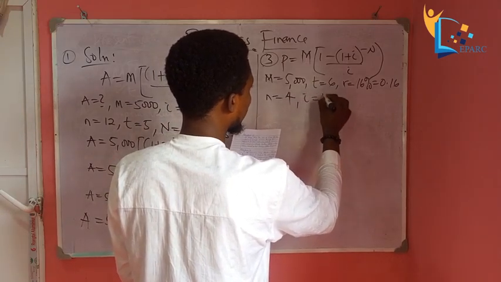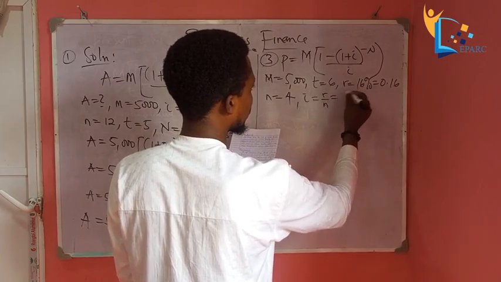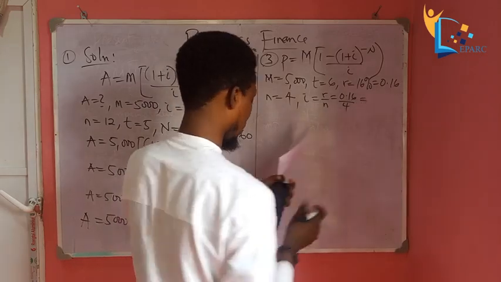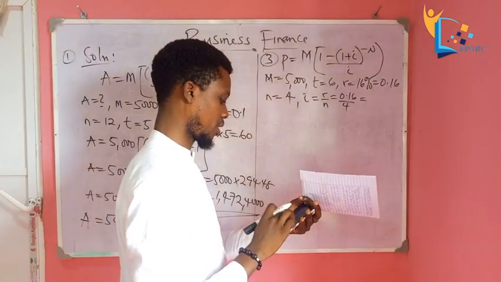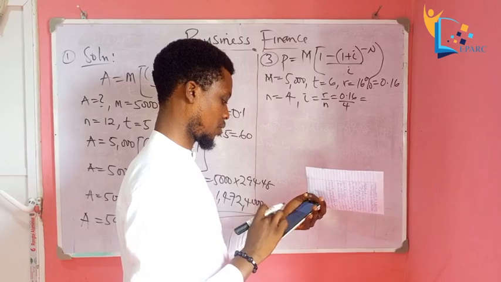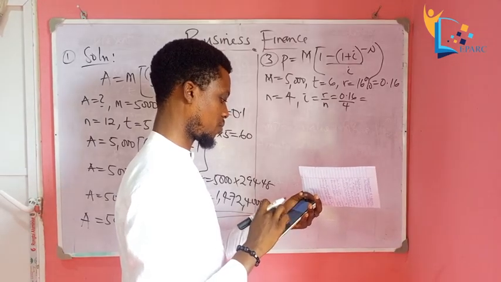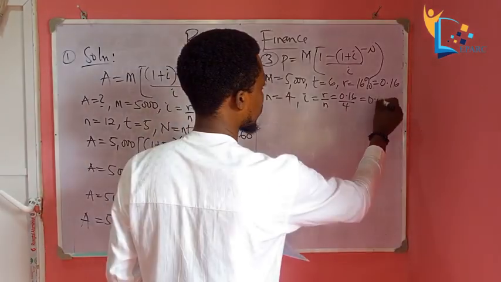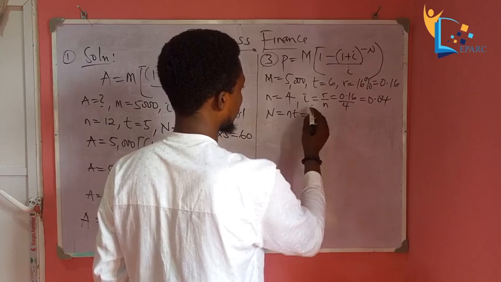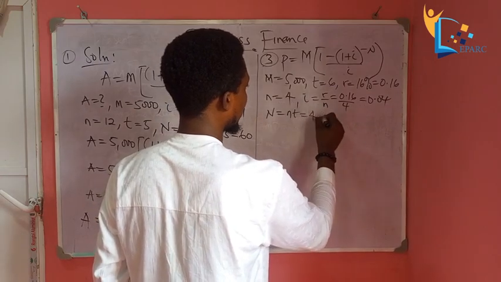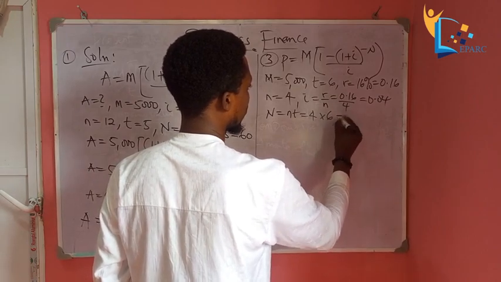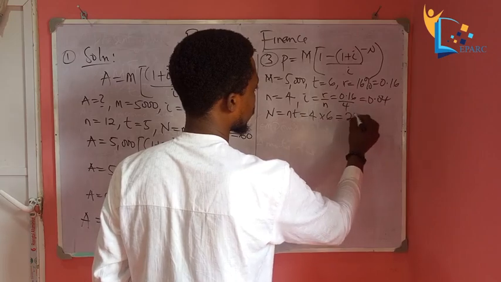Then I is equal to R over n, which is equal to 0.16 all over 4, which is 0.04. Then we have big N, which is equal to nT, which is equal to small n, 4, times T, 6, which is 24.